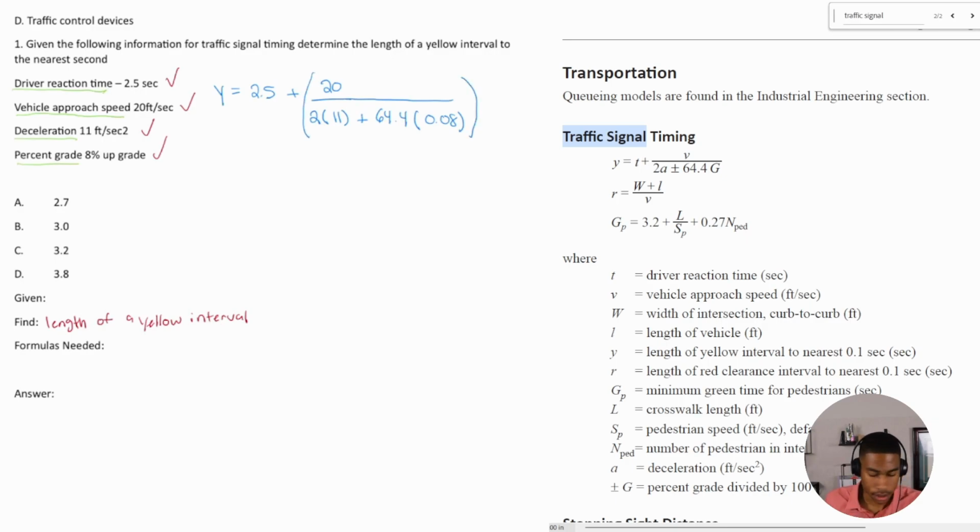Okay, so now it's just time to solve. And once you do solve all of that, you should get y is equal to 3.23 seconds. And so that is, let's see.